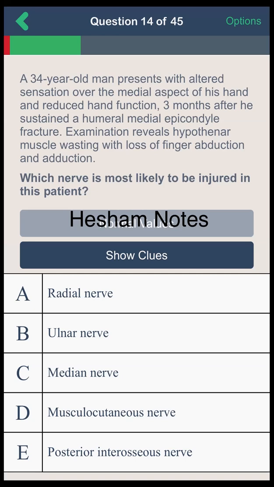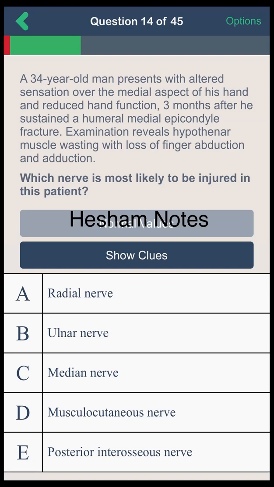I think the patient is suffering from ulnar nerve injury because of hypothenar muscle wasting and loss of finger abduction and adduction. Yes, excellent. Also loss of sensation over the medial 1.5 fingers, volar and dorsal.